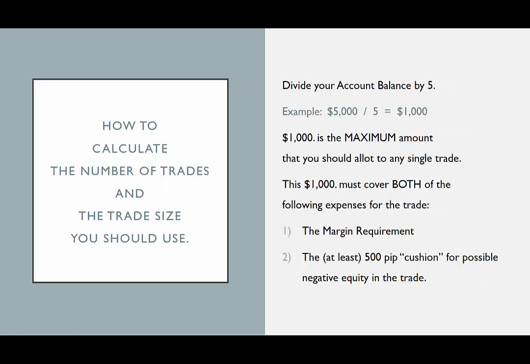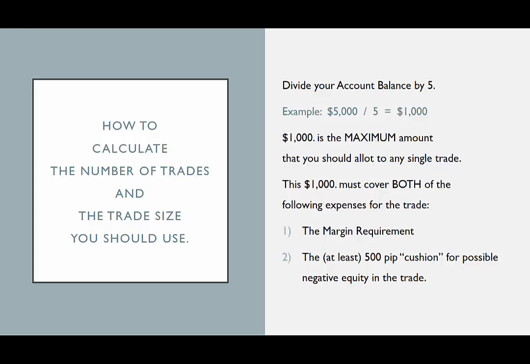To calculate the number of trades that you should take in your account, use the following formula. Divide your account balance by 5. Let's use an example of an account with $5,000. Divide $5,000 by 5, and that tells us that each trade should not be allotted more than $1,000 or 20% of our account balance.